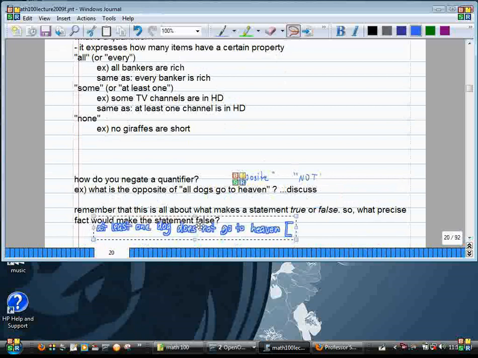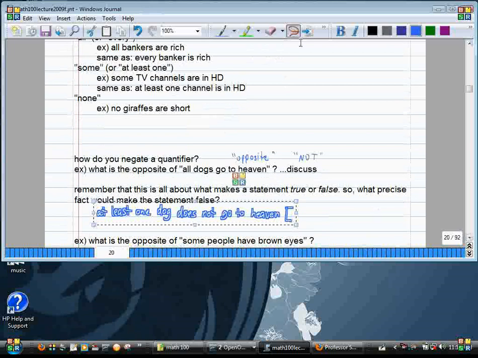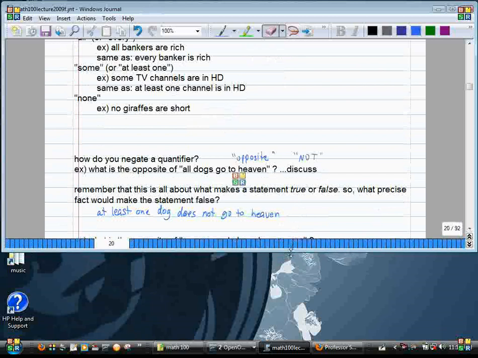Okay, finally. So yeah, equivalently you could say some dogs do not go to heaven. Same thing.